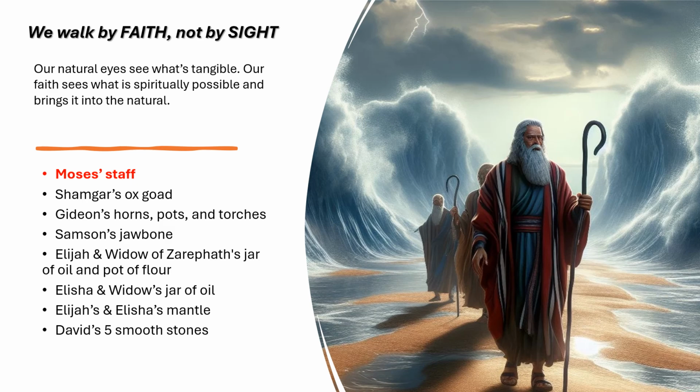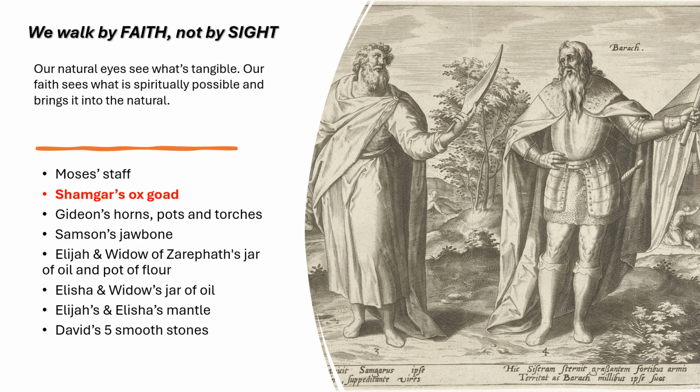Or Shamgar, one of the judges who ruled Israel before their first king. He saw a pointy wooden stick that was used to direct and guide goats and sheep as a weapon that he could use to defeat 500 of Israel's enemies single-handedly.